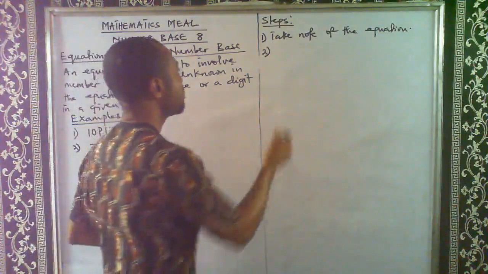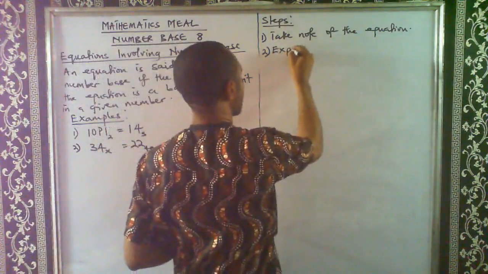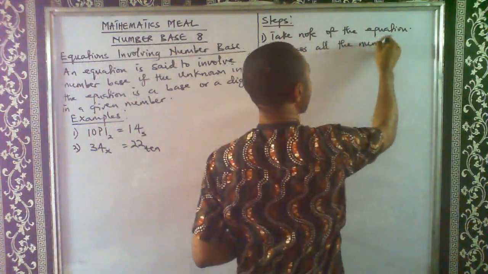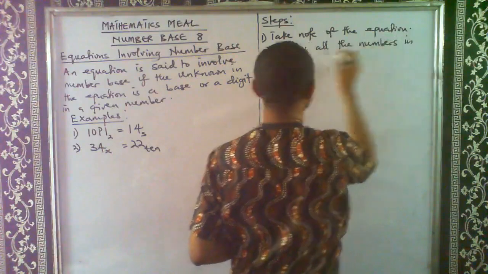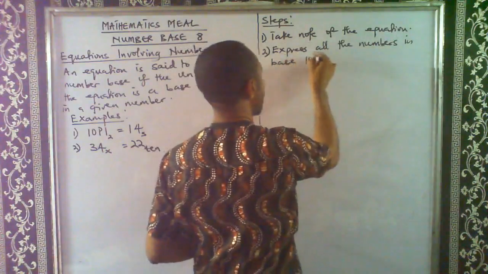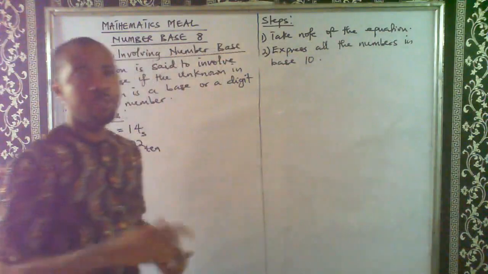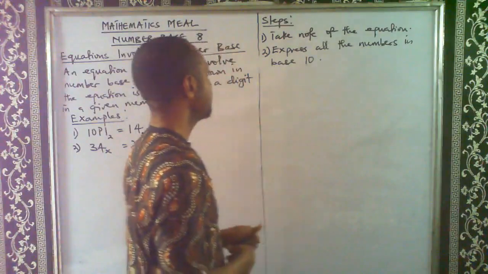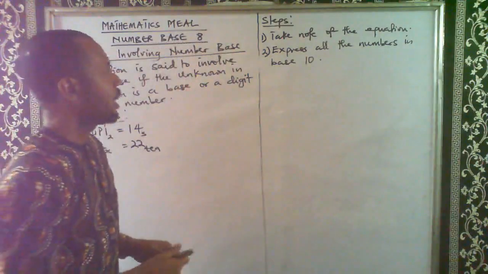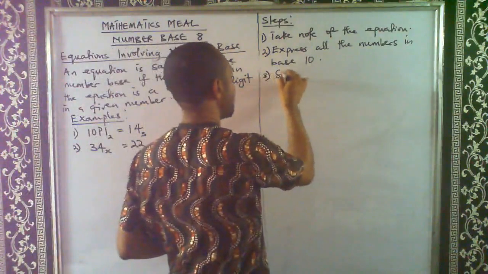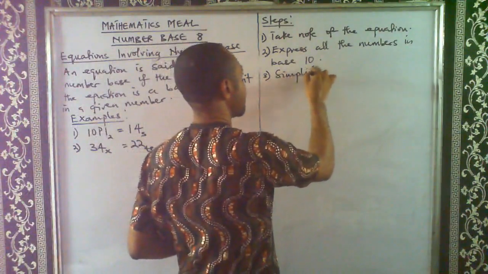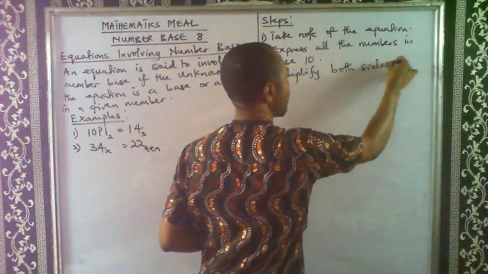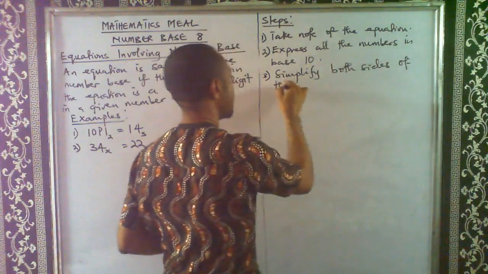Then express all the numbers in base 10. Every number, express all of them in base 10. Then simplify both sides of the equation.